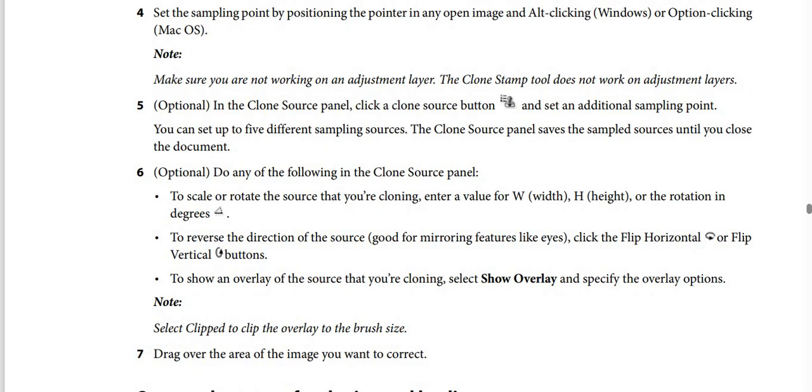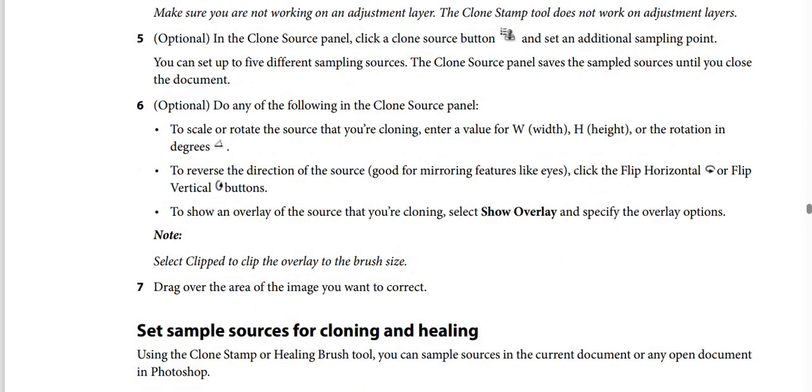Step number 6, optional again. Do any of the following in the Clone Source panel. To scale or rotate the source that you are cloning, enter a value for W (width) or H (height), or the rotation in degrees. To reverse the direction of the source, good for mirroring features like eyes, click the Flip Horizontal or Flip Vertical buttons.